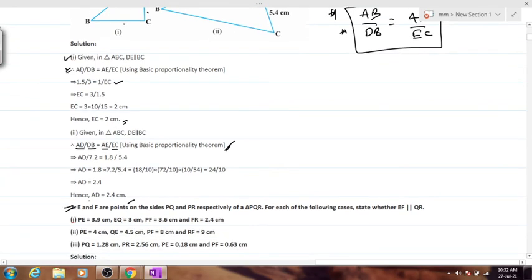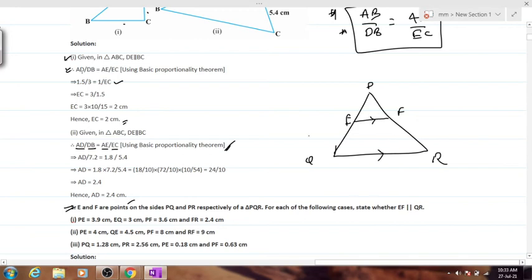Question number 2. E and F are the points on the sides PQ and PR. This is our triangle PQR, and these are the points E and F. Is it clear? EF is parallel to QR.